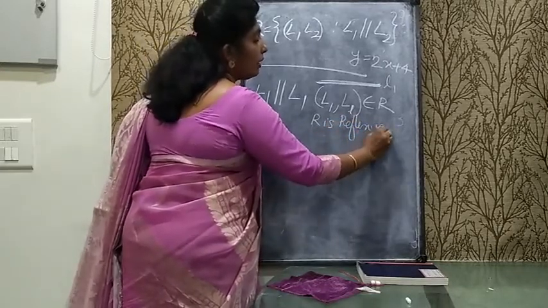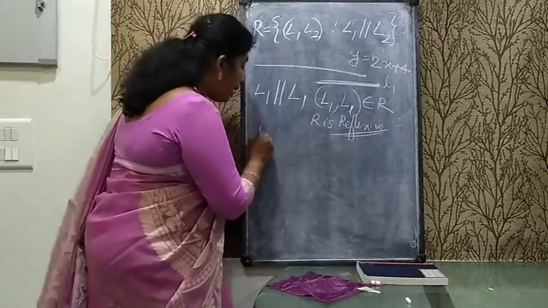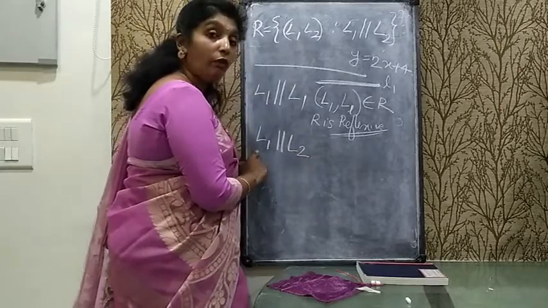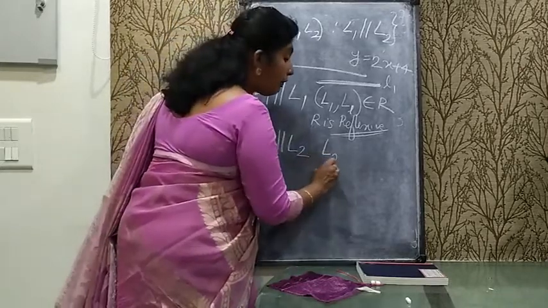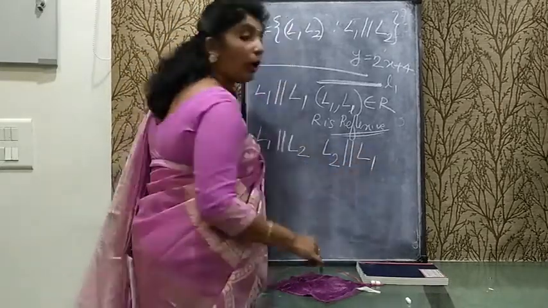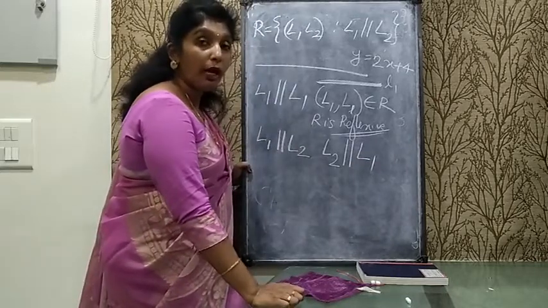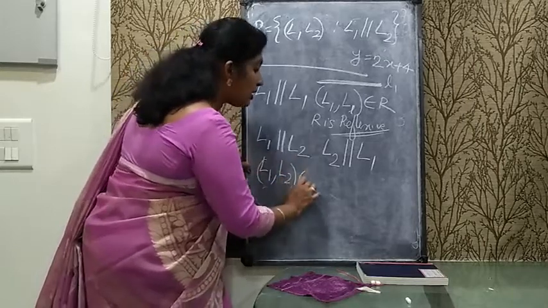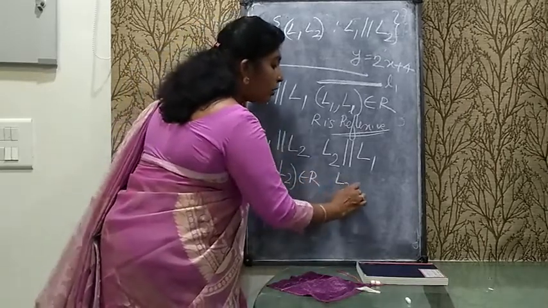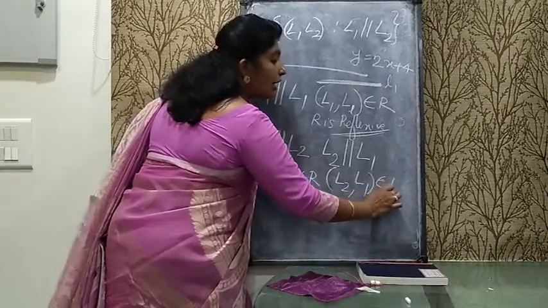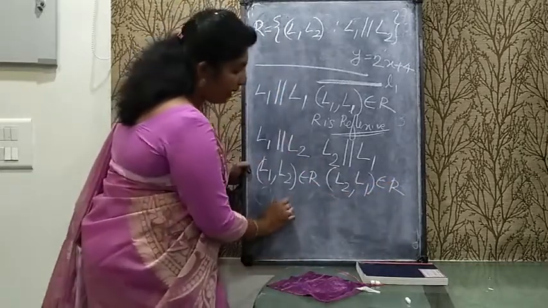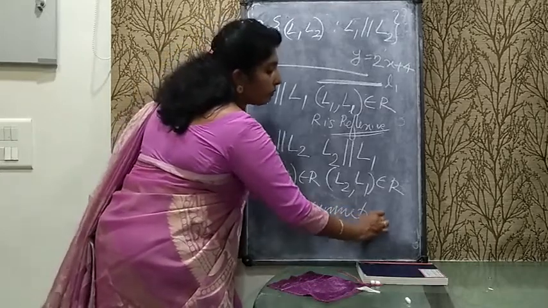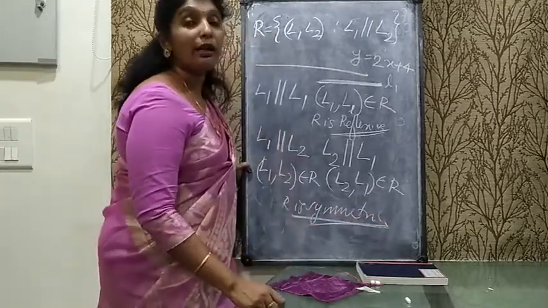Okay. Next part. If L1 is parallel to L2, then definitely L2 is also parallel to L1. So we can write that (L1, L2) belongs to the relation and (L2, L1) also belongs to the relation. It means our relation is symmetric. This is a symmetric relation.